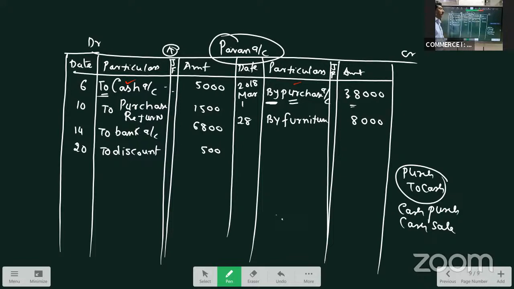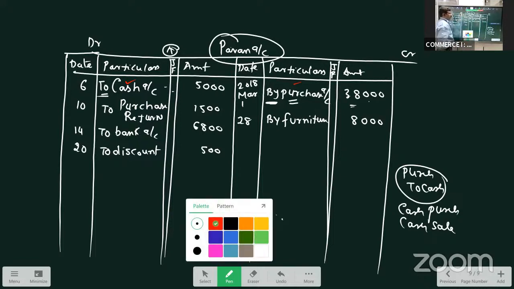Now comes the balancing part, which is very, very important. How do we balance it? I told you yesterday, whenever we are about to start balancing, we should first see which side is heavy. On the debit side, we have some figures like 5, 6, 12, 13,000, 14,000. But on the credit side, we have 38,000 and 8,000.